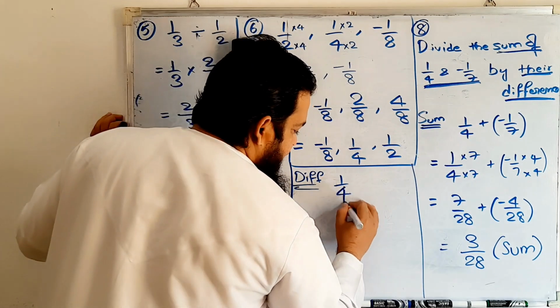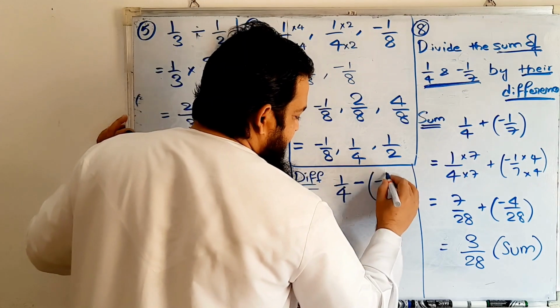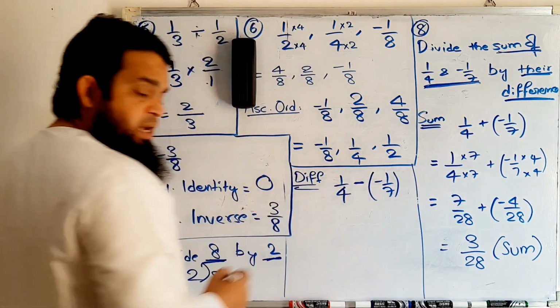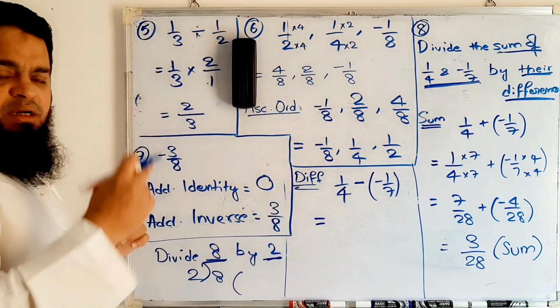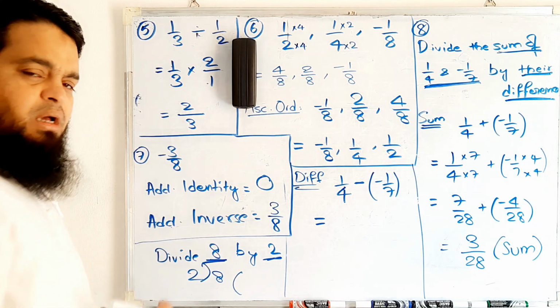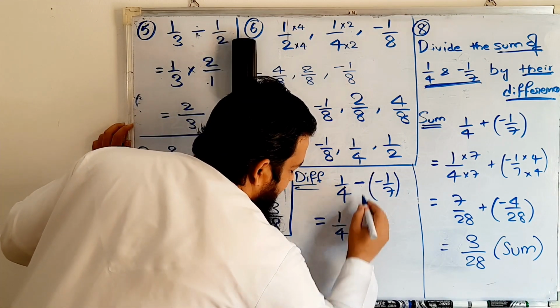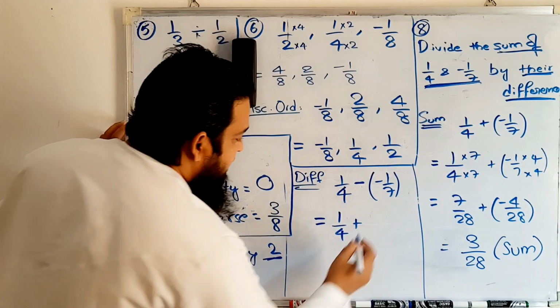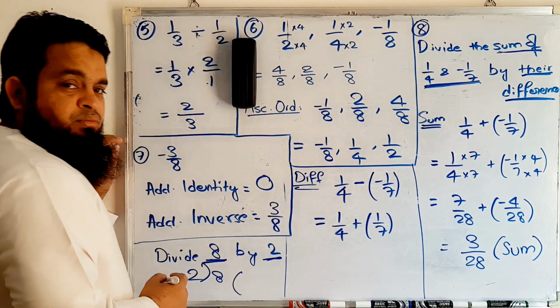From 1 by 4 you are subtracting minus 1 by 7. We have studied that subtracting is nothing but the opposite of addition. So you change the subtraction to plus and you change this to negative, that means 1 by 7.